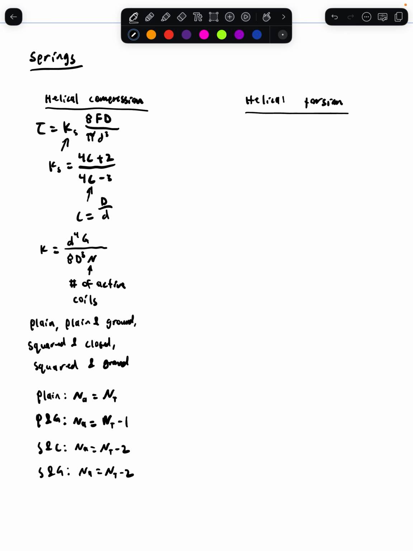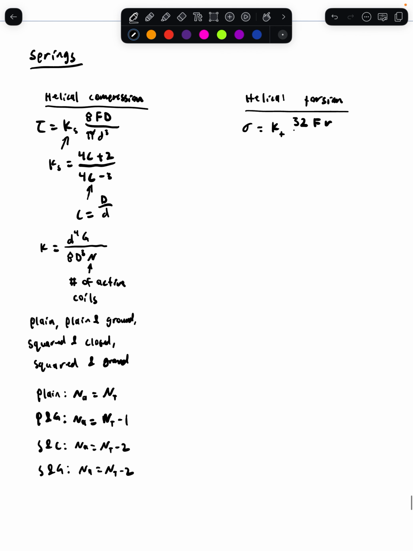For helical torsion springs, the stress we measure isn't shear stress, it's bending stress. So the bending stress equals this KT, which is another correction factor, times 32 times F, which is the force applied, times R, which is the radius from the center of the coil to the load, then divided by pi times little d cubed.